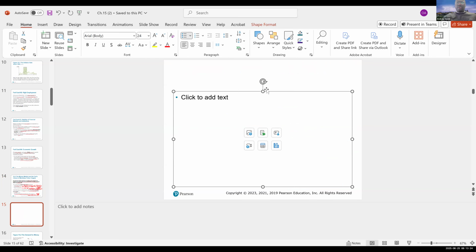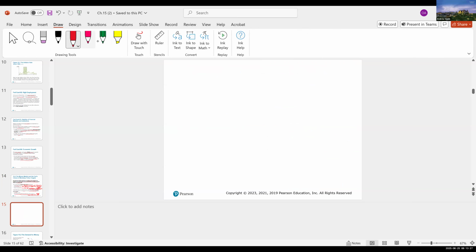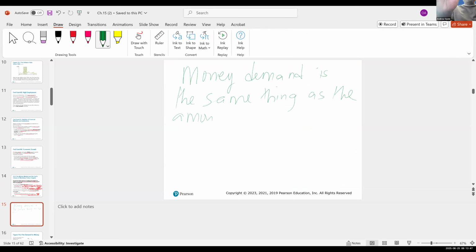So in economics, or in monetary economics, when we say money demand, it is the same thing as the amount of money that individuals, and when I say individuals here you could just say Americans, want to hold.